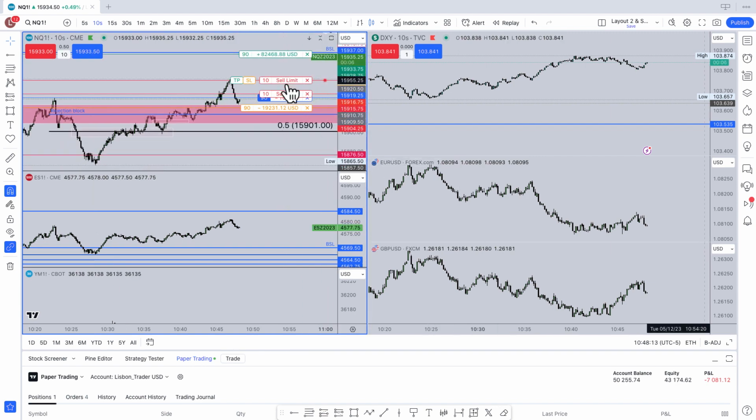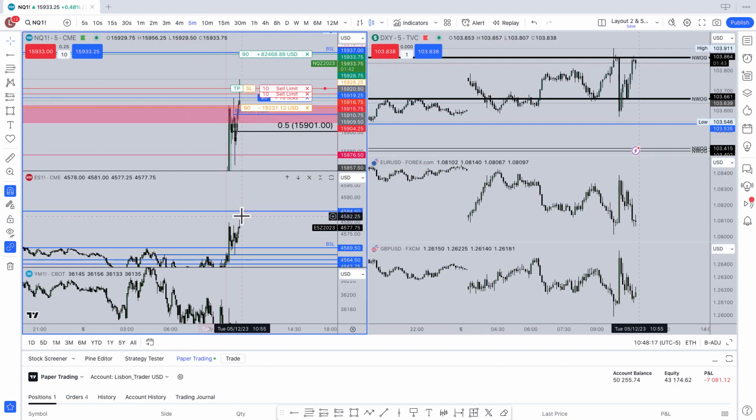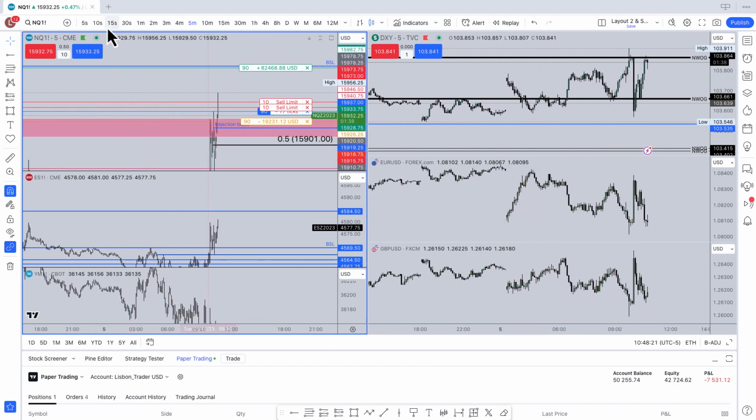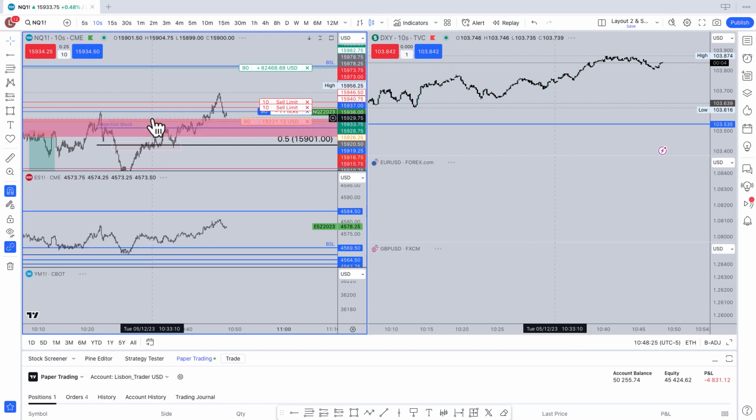And since I believe this is not done yet, ES hasn't reached his buy side nor NQ, so this is just a huge snapback.